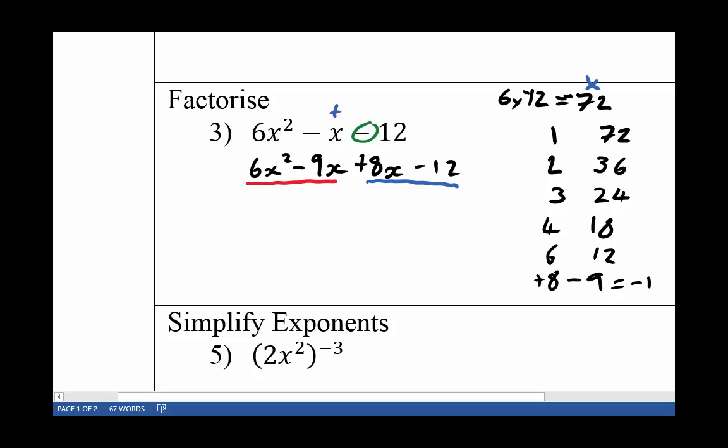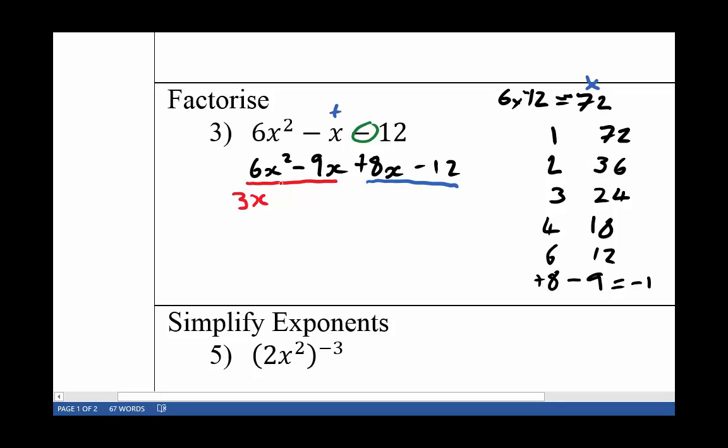So I find what is common about these two numbers here, and maybe I will do this in red. What is common about these two things here? They both have x's, so I can put an x outside the front. And if I'm thinking of a number that goes into both 6 and 9, the answer in this case will be 3.